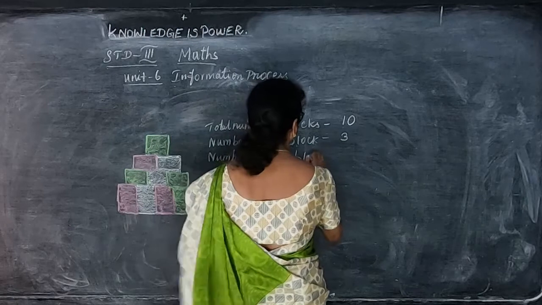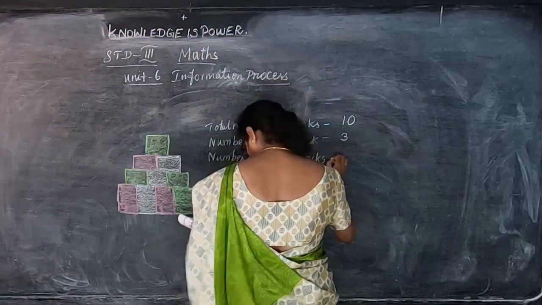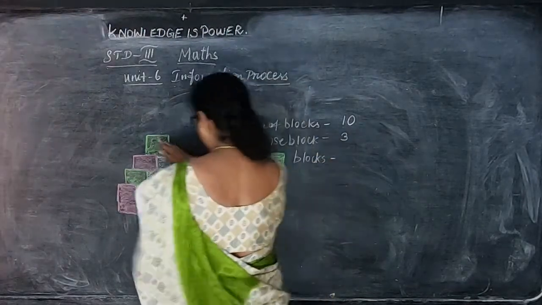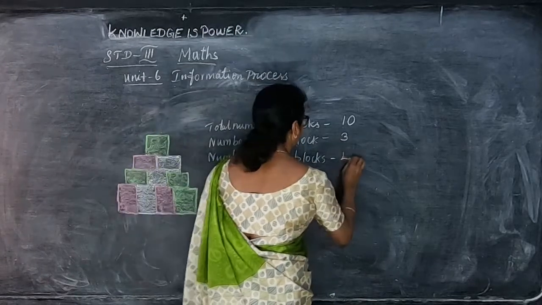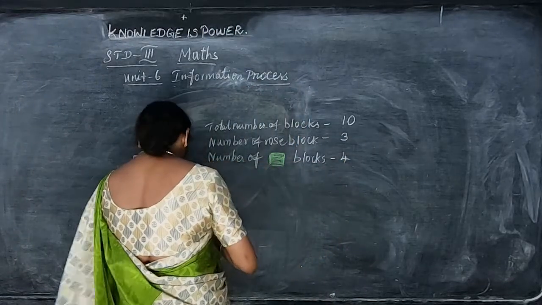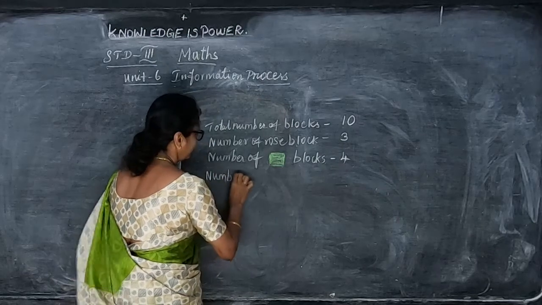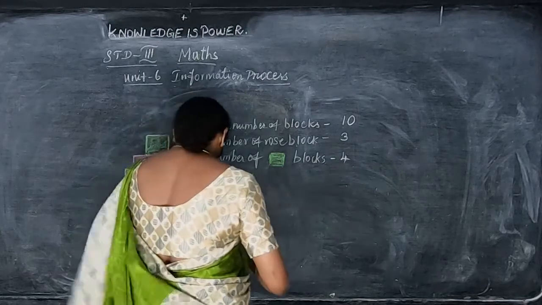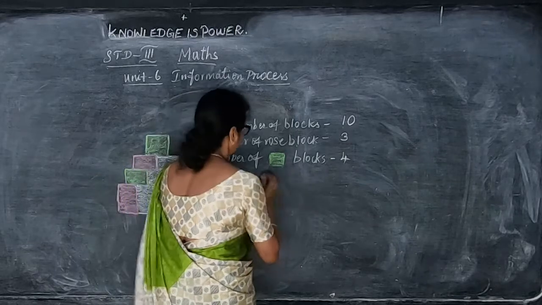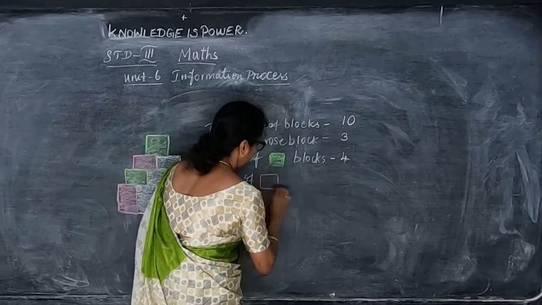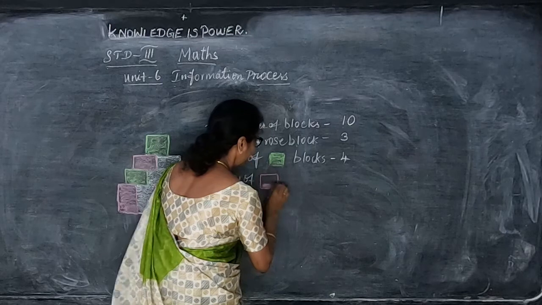So how many green blocks are there? 1, 2, 3, 4 greens. And then number of pink blocks. So read the question carefully.